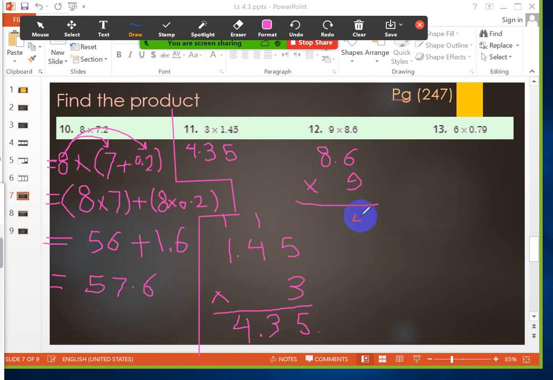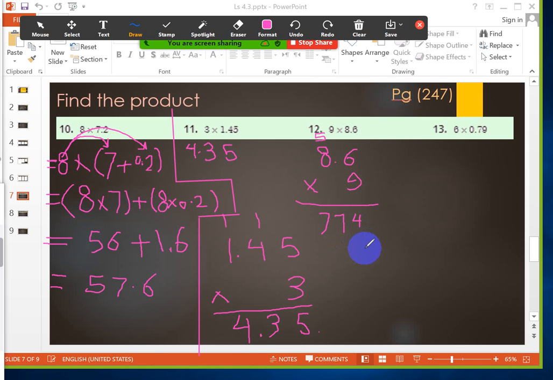So I will put 4 here and 5 above the 8. 9 multiply 8 equals 72, plus 5 equals 77. Very good. What about the decimal point? I want you to tell me where I have to put the decimal point. Between which two numbers?